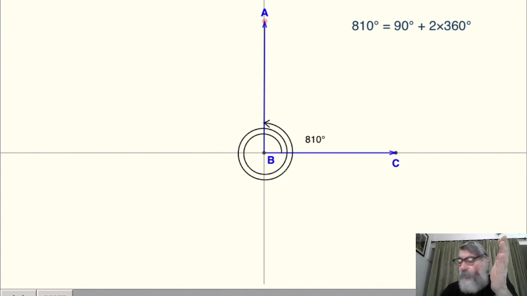So OA is the generator line standing on top of OY, and the angle at the present time is 810. As I told you, if you divide by 90, you will get 9 into pi by 2. In terms of degrees it is 9 into 90, but in terms of radians it will be 9 pi by 2.